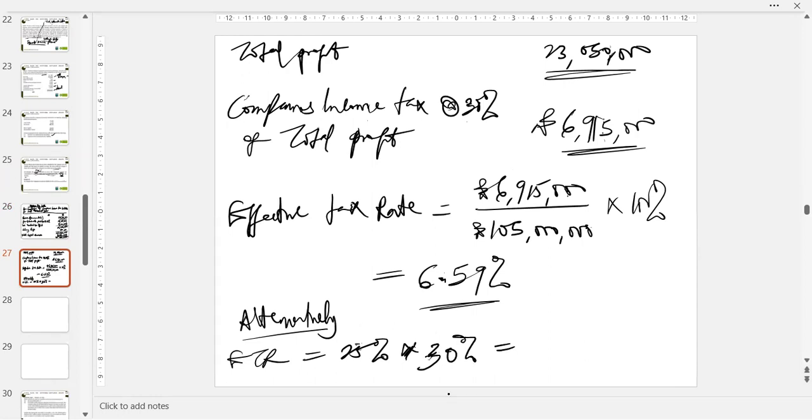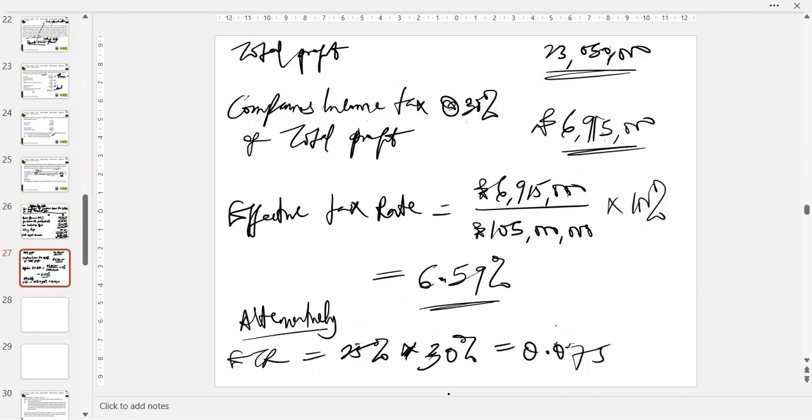So what do we have? 25% multiplied by 30%. What do you have? 0.075. Yes, sir.